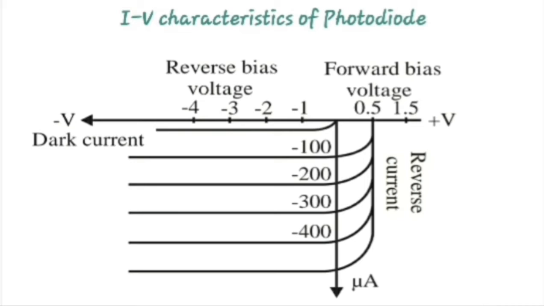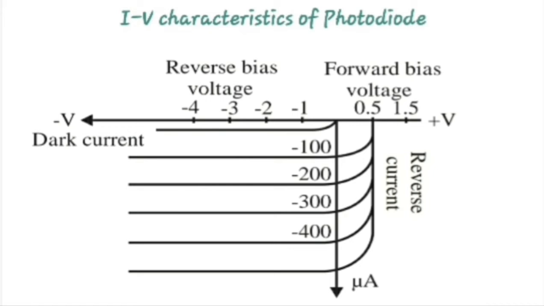When the intensity of incident light increases, the minority charge carriers change, and on the basis of their concentration the current flowing through the diode changes. That particular current is called dark current in a photodiode. Basically the reverse current of a photodiode depends mainly on the intensity of incident light.